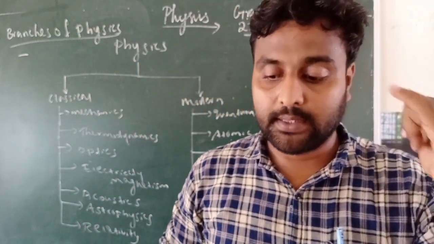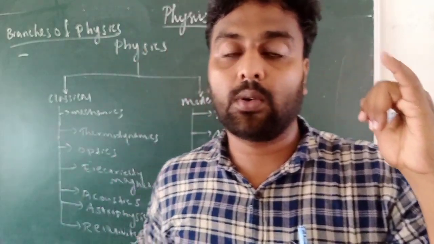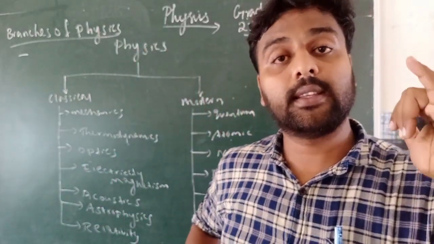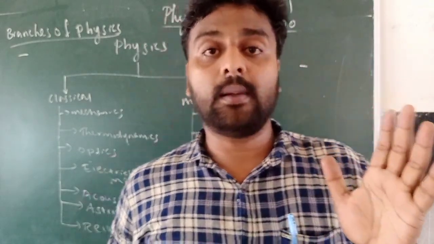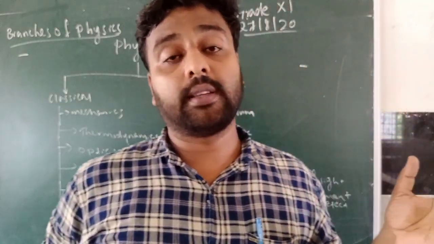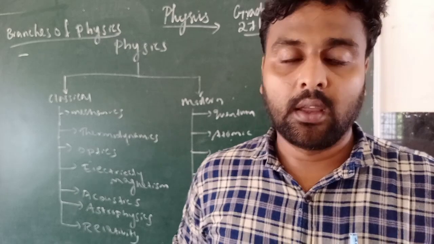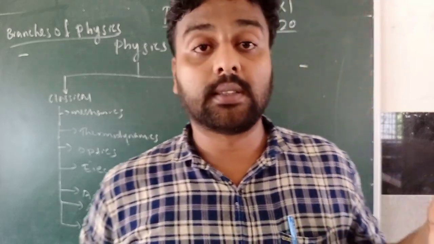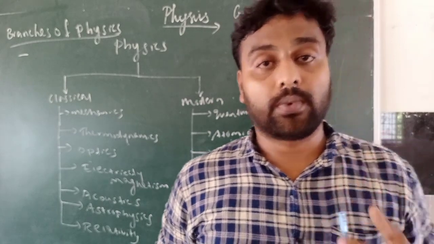So classical mechanics is the study of forces acting on a body, whether it is in motion or at rest. Motion of celestial bodies and so on we study in this part. Thermodynamics is the study of the relation between heat and other forms of energy.